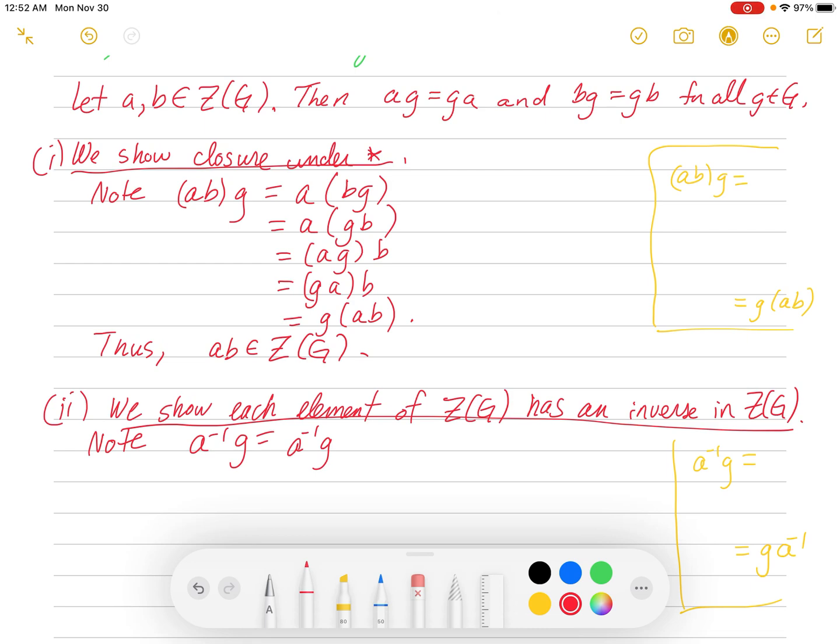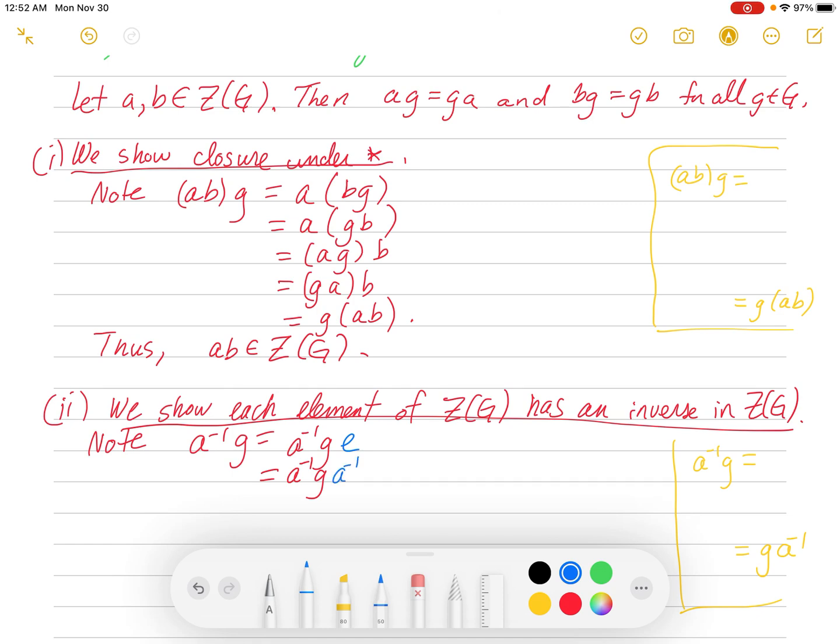So what I'm going to do, probably I want to multiply by e here on the right. That doesn't change anything.